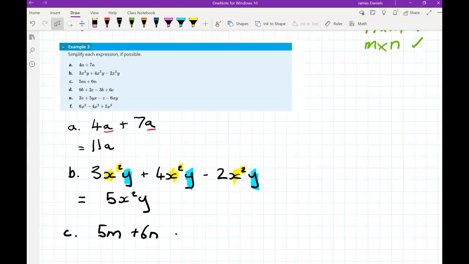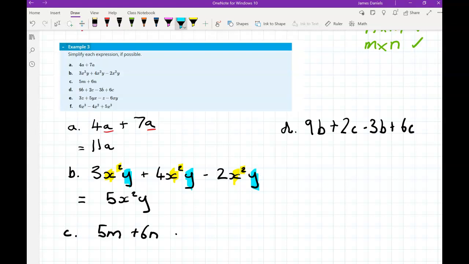All right, might move over to the side of the page here to do D. Once again, I've got 9b plus 2c minus 3b plus 6c.